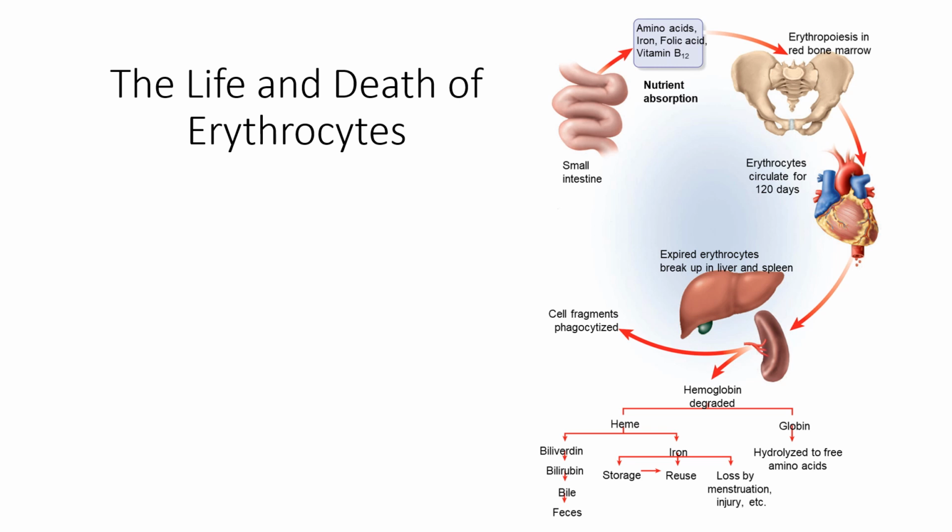So where do we get what we need to synthesize hemoglobin and thus erythrocytes? We talked about how we get the iron, but we need other things, right? We need proteins, we need things to be able to be synthesized, and so forth.